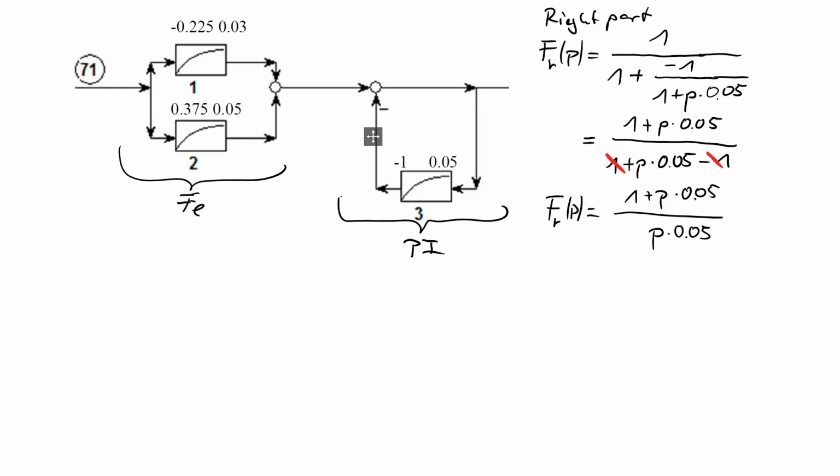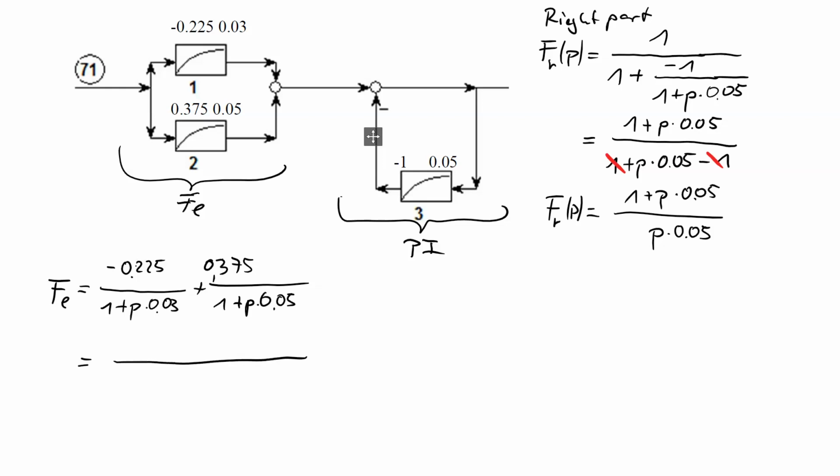The sum of two PT1s, and the transfer function FL is just the sum of minus 0.225 divided by 1 plus P times 0.03, plus 0.375 divided by 1 plus P times 0.05. The common denominator is a product of the single denominators, 1 plus P times 0.03 times 1 plus P times 0.05.